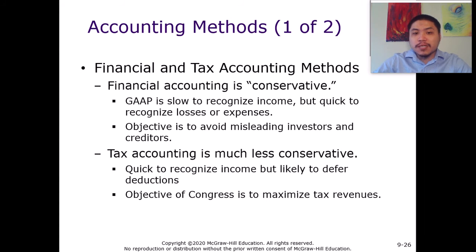That means they would want to recognize income quickly, because they want to show that this year they did pretty well and made a lot of income, and they would want to postpone the losses or expenses to overstate their income. Basically, they want the performance to be upwardly biased.